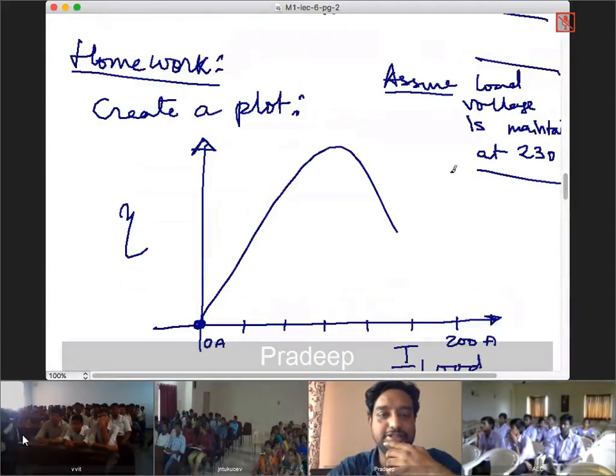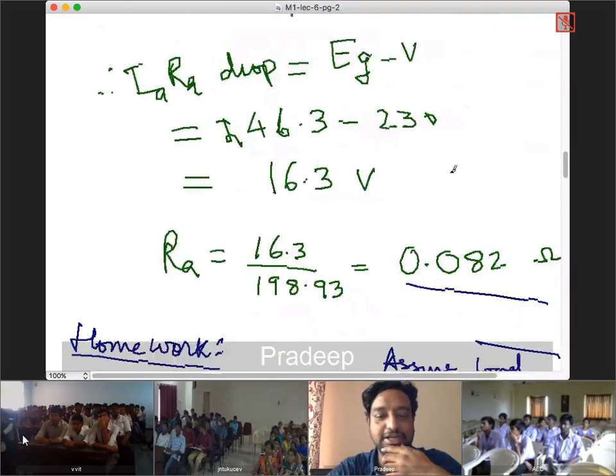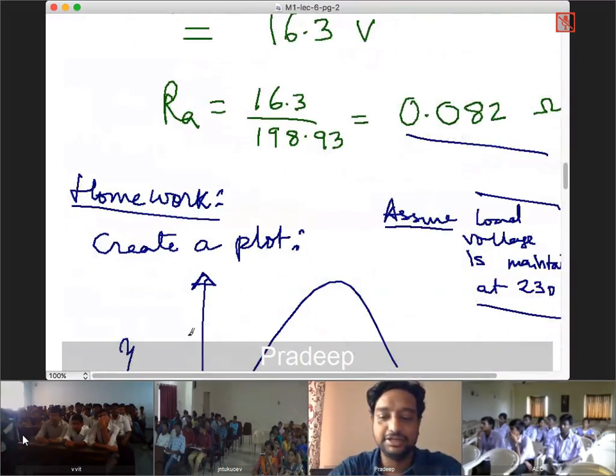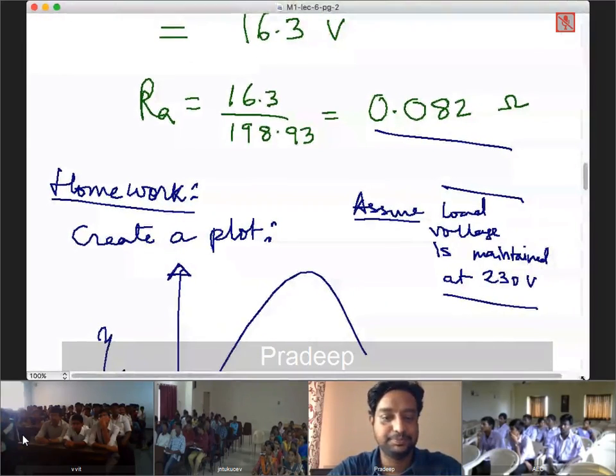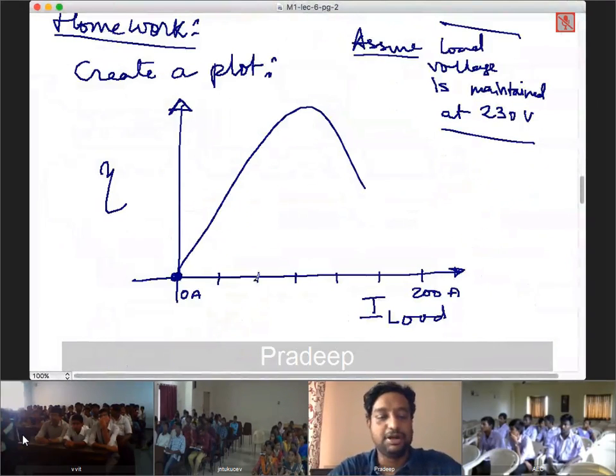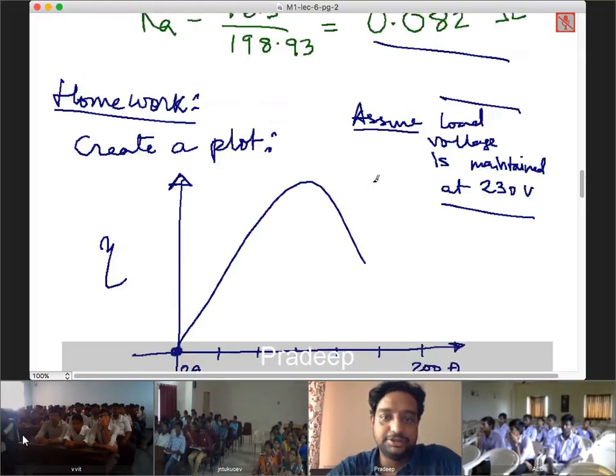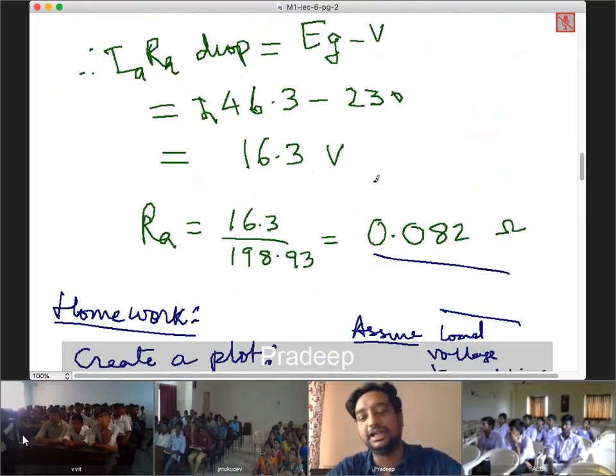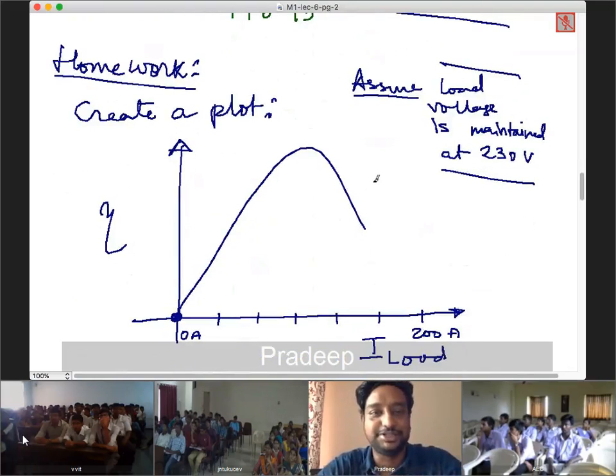So this was lecture 6, and just towards the end, we wanted to plot the load current from 0 to 200 amperes and how the efficiency changes with the load current. So this was homework. So did anybody do this? That's my first question.